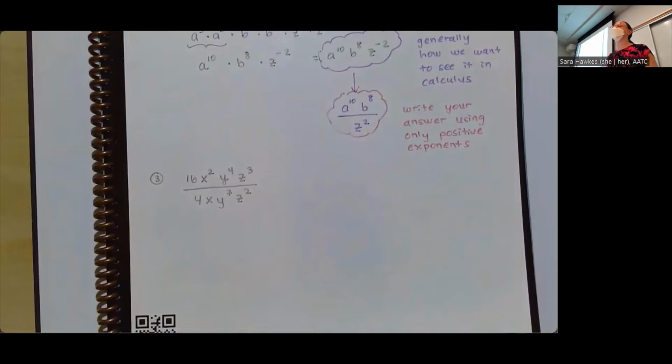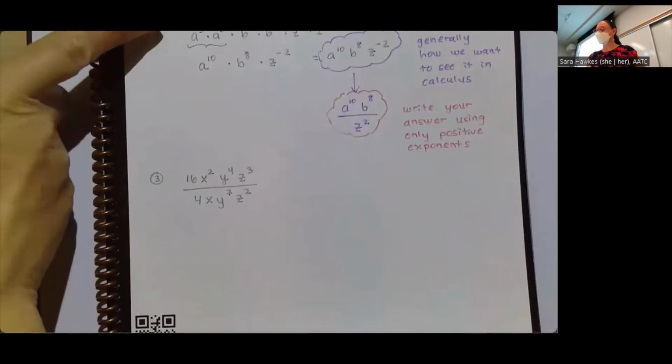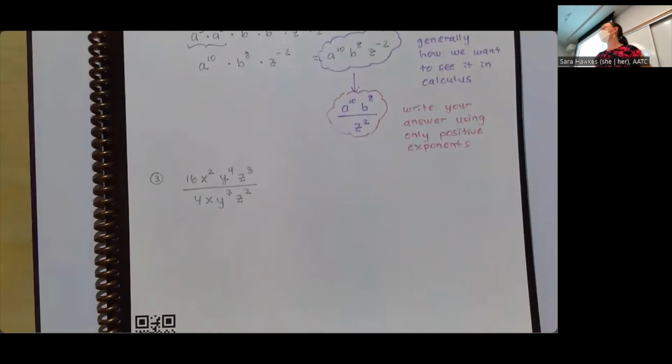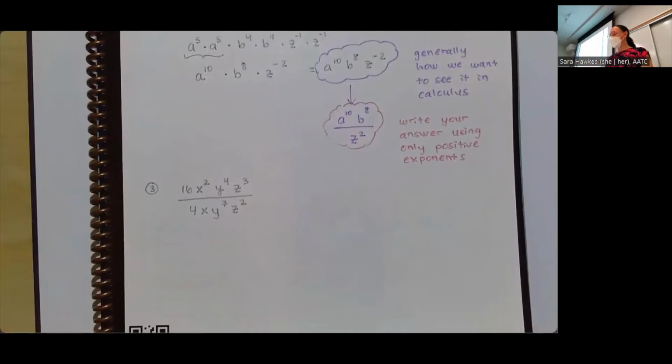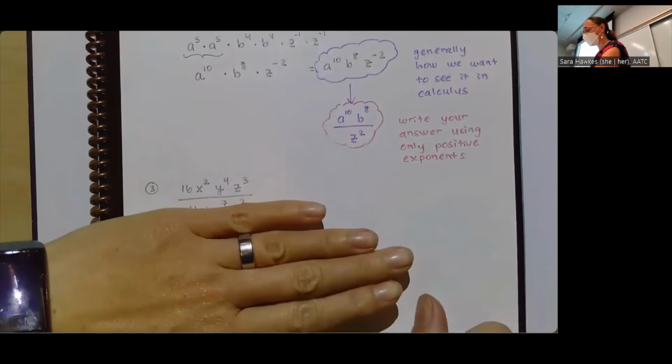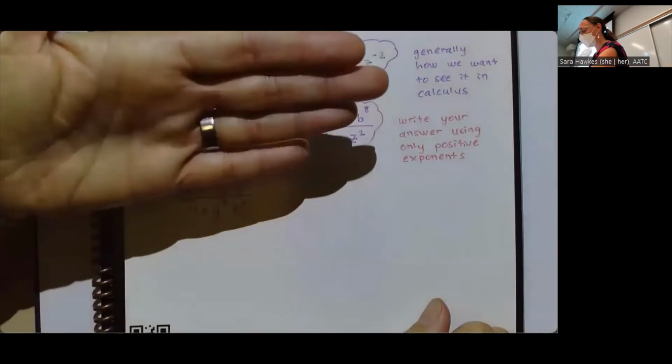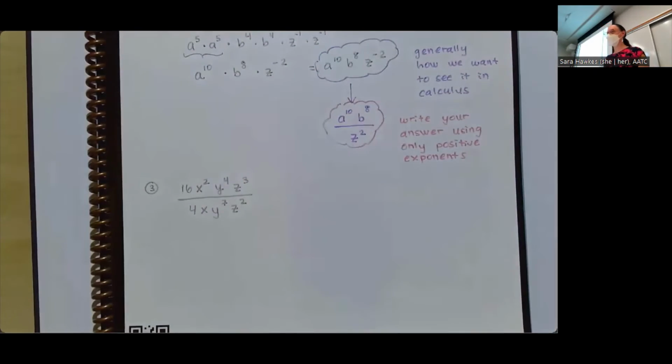There are lots of correct ways to get through this problem. I'm going to do a very similar thing to what I did on the previous one, where I'm going to group the things that kind of belong together and use our rules about each of those groups. Everything up here in the top is being multiplied, and everything on the bottom is being multiplied as well.